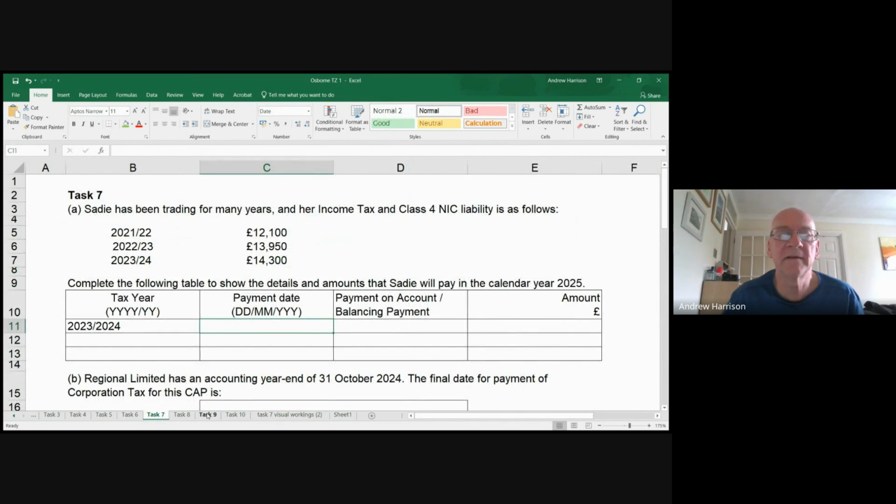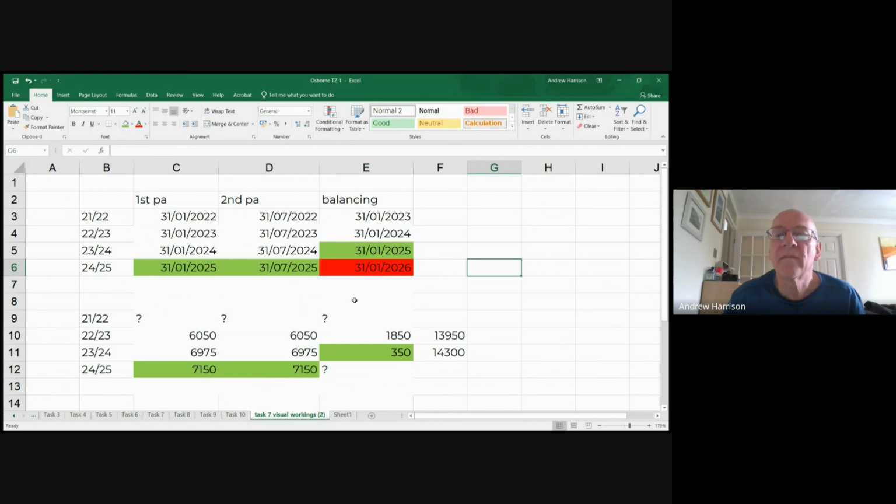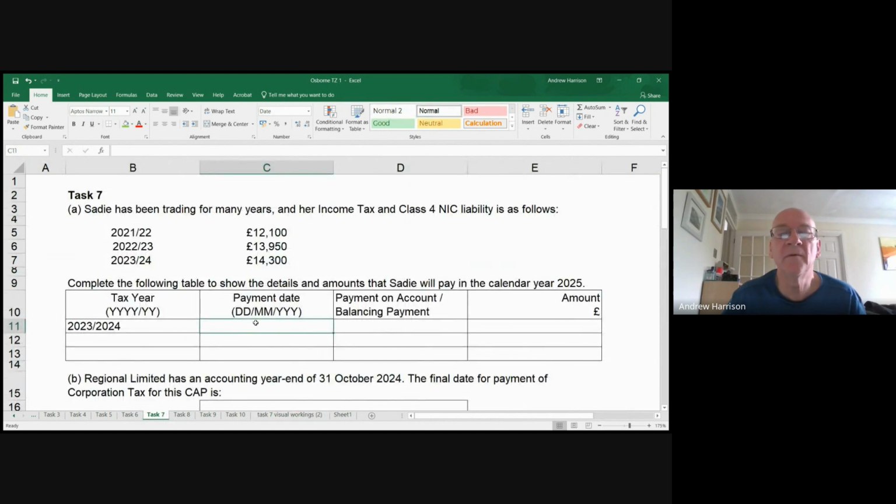Hang on, let's get this right. That 350 is 23.24, 31. 5, that's what we wanted. That was our balancing payment.